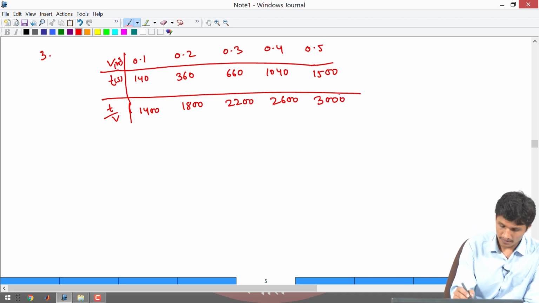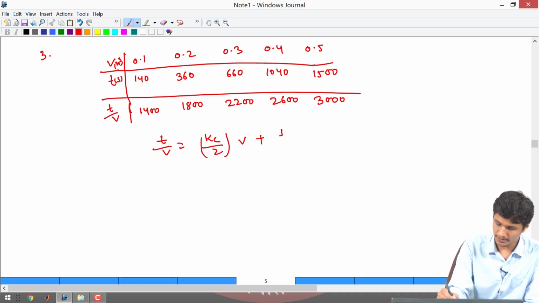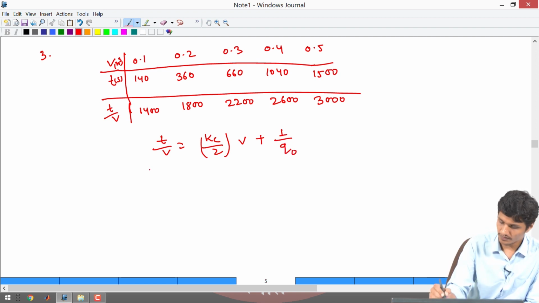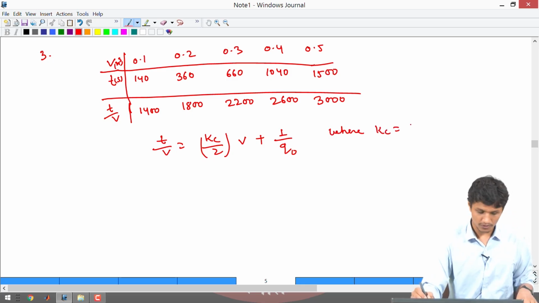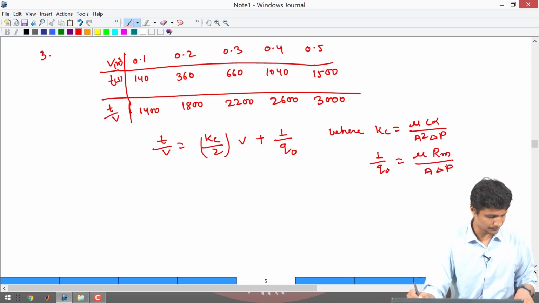So we are going to apply the same formula, t by v equal to Kc by 2 into v plus 1 by q naught, where Kc is equal to mu c alpha divided by A square delta p, and 1 by q naught equal to mu Rm divided by A into delta p.